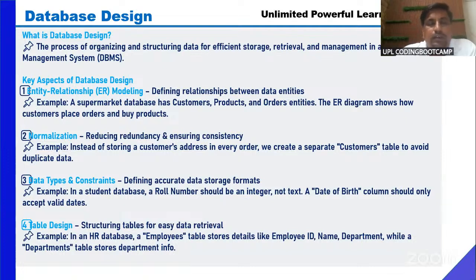Finally, you have to understand whether the designed database is correct or not. That is called normalization. When you are doing that, what kind of conditions I have to put, that is called data types and constraints. Then table design: how well you are going to structure the data.